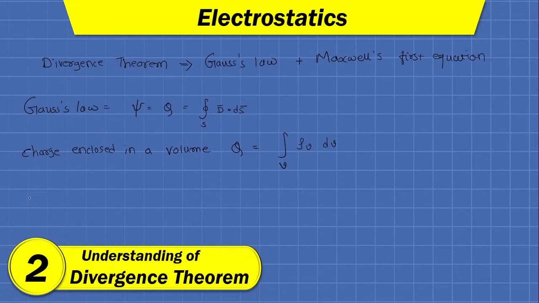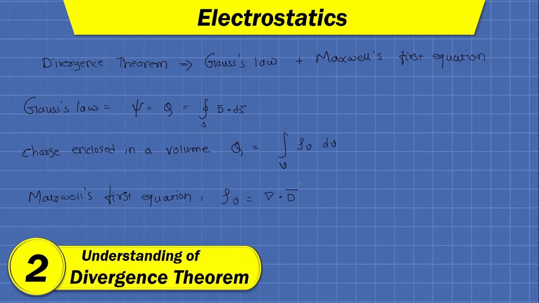And Maxwell's first equation that we have just derived says that ρv is nothing but divergence of D.